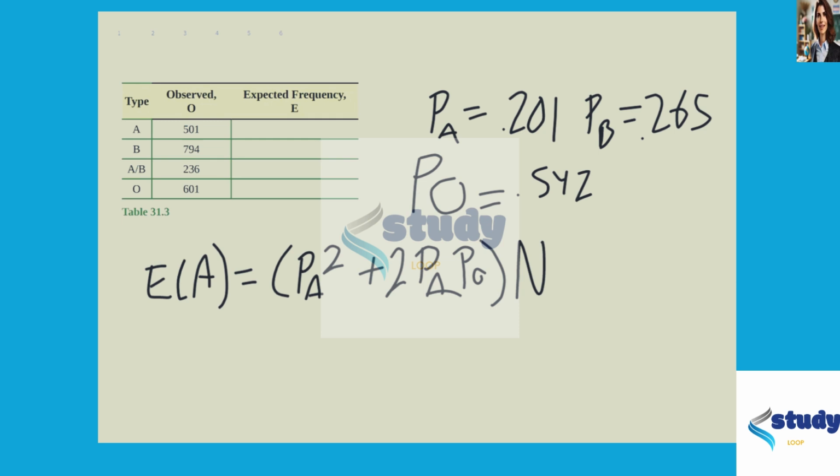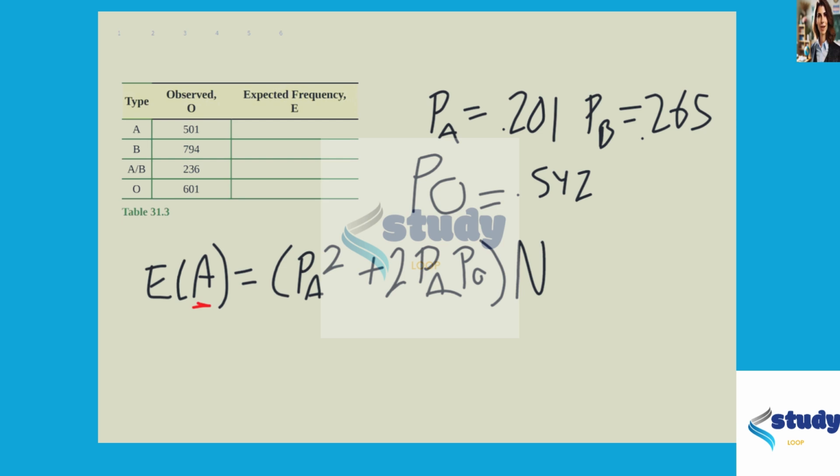This is because the way in which you get type A is if 2 A alleles come together, or an A and an O allele come together. And we get 2 here because you could get an A and an O, or an O and then an A, and both of those will have the same result.